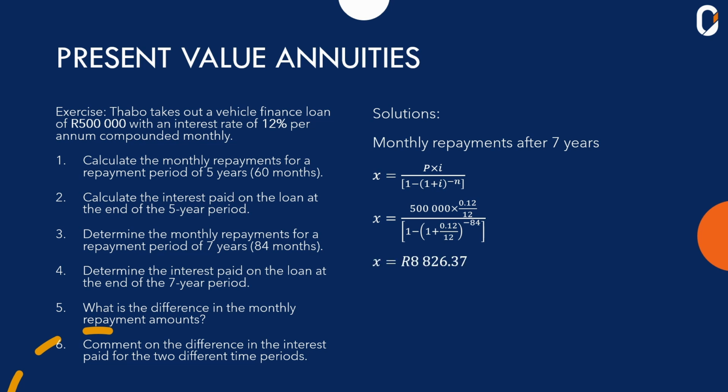That will give us a value of 8,826.37. That is the monthly installment for the 7-year period.